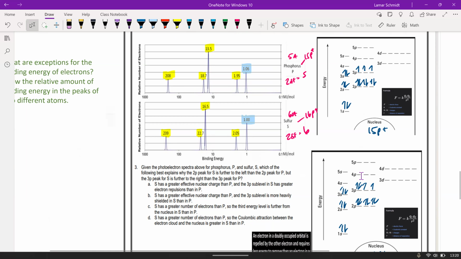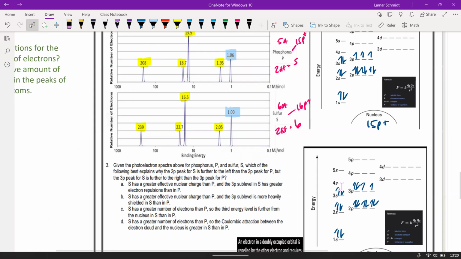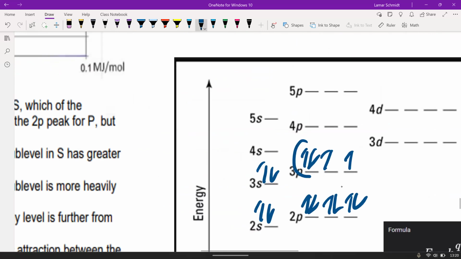Also, what we're seeing here, you see this first part right here. Notice those electrons are paired. This is explaining an observation. This is not me telling you how it is.